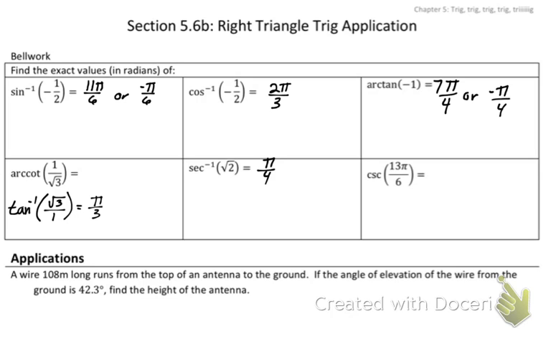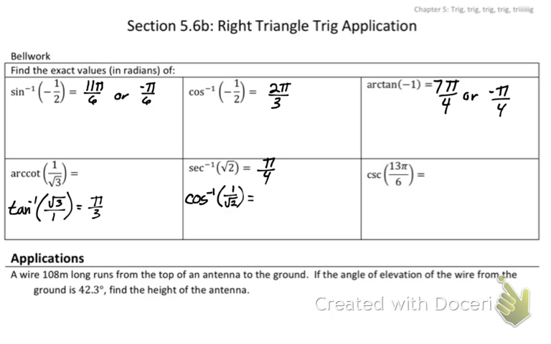Okay, secant inverse. There's no secant on my graph, so I have to use cosine. And since this is an inverse, I have to use cosine inverse. I'm using the inverse, so I'm going to take the reciprocal of the inside number. Inverse inside. So that's going to be 1 over square root of 2. Well, that form isn't on the unit circle.